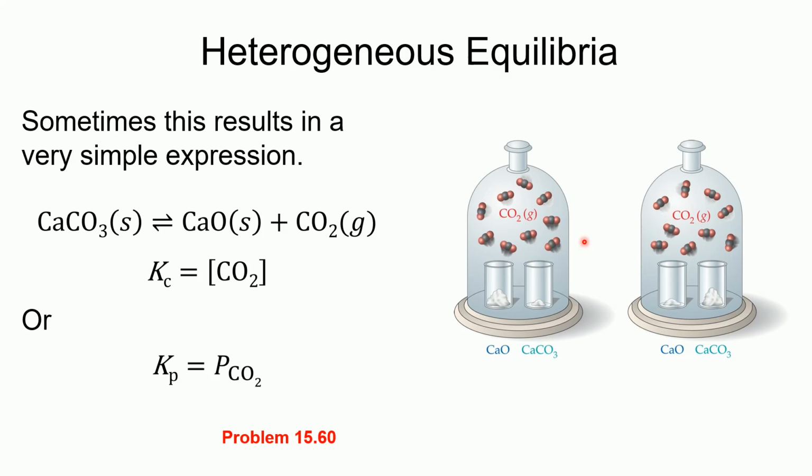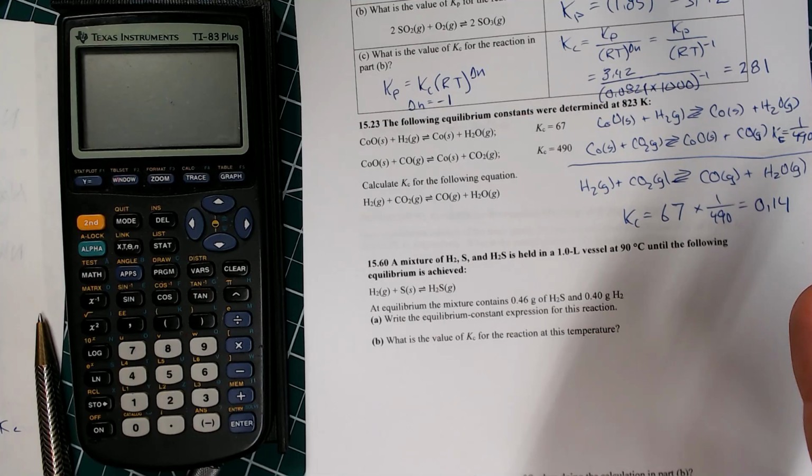So for this, I want to do number 60. And number 60 is kind of a cool problem. We're going to calculate the value of Kc. So let me show you how this one works.